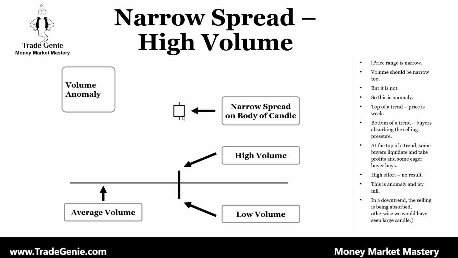But this is not. This is a white candle. So it means there were buyers here, and all the sellers got absorbed by the buyers. So you wait for another one day confirmation, and then you look for the move up. That is your entry, because you know that all the sellers were absorbed.